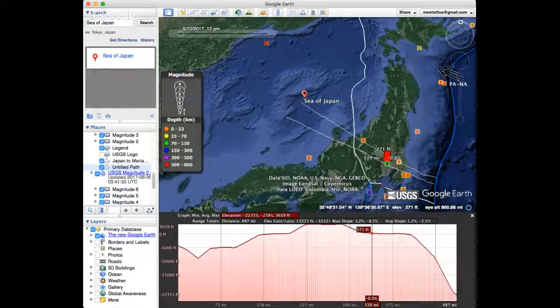Sorry, I'm not quite sure, because as I'm looking at this, the pink area goes negative, meaning below sea level. Let's see what happens if I hover over this. Well, that just tells you where it was in relation to a town.